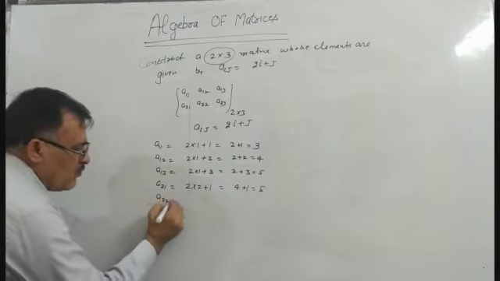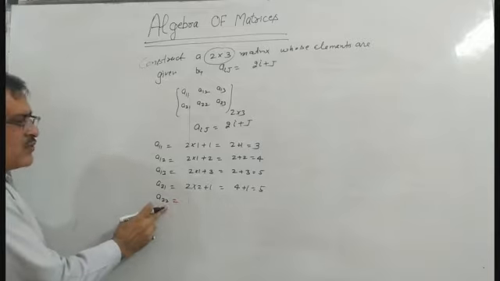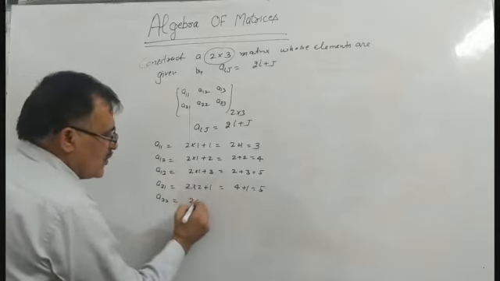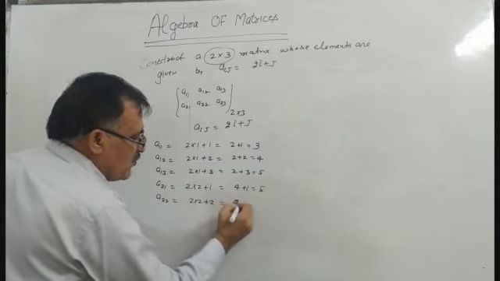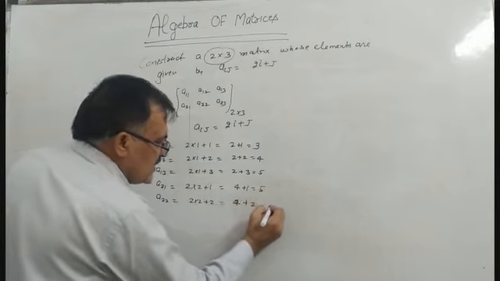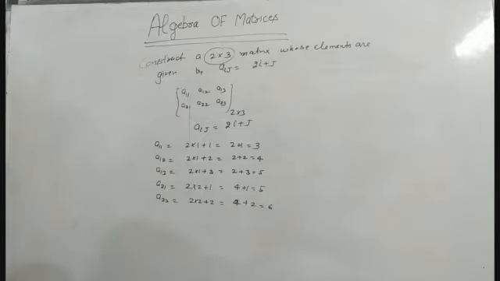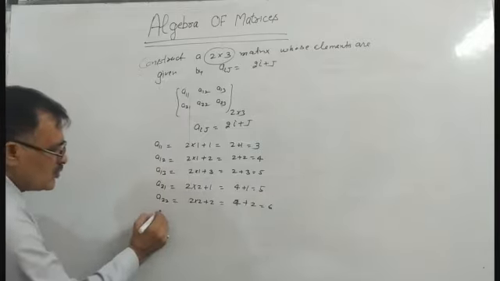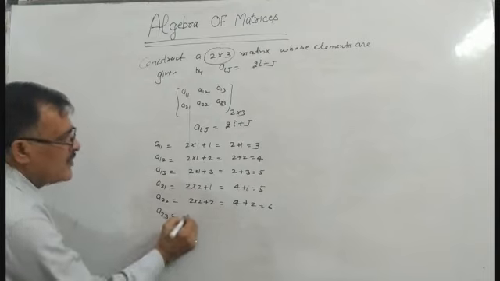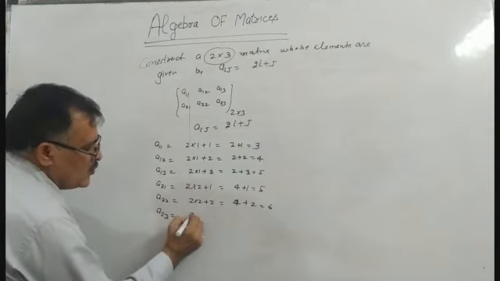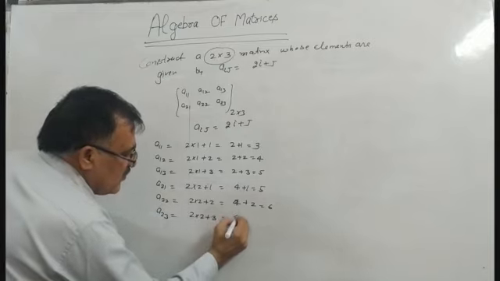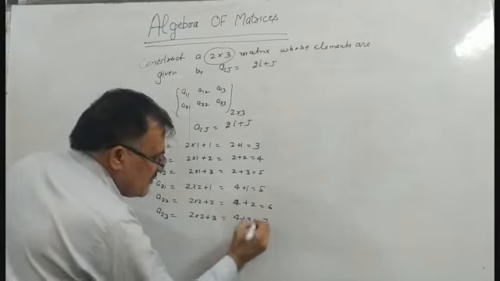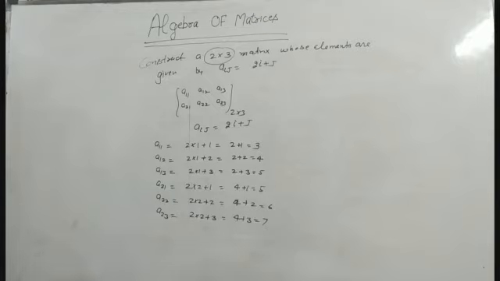A22, put i and j both equal to 2. 2 into 2 plus 2, we get 4 plus 2, that is 6. A23, 2 into 2 plus 3, we get 4 plus 3, that is 7. We write all the element values.